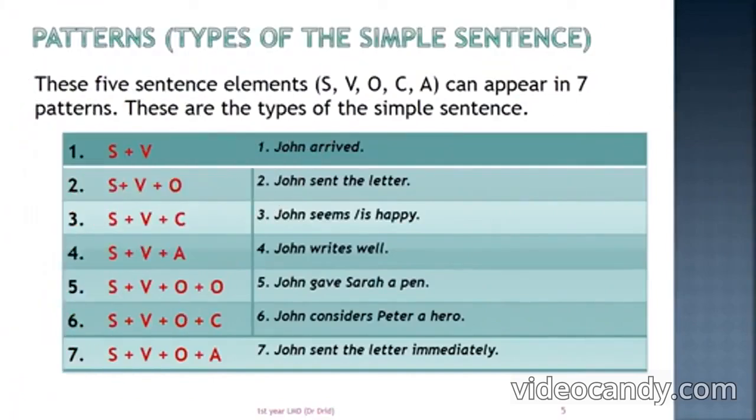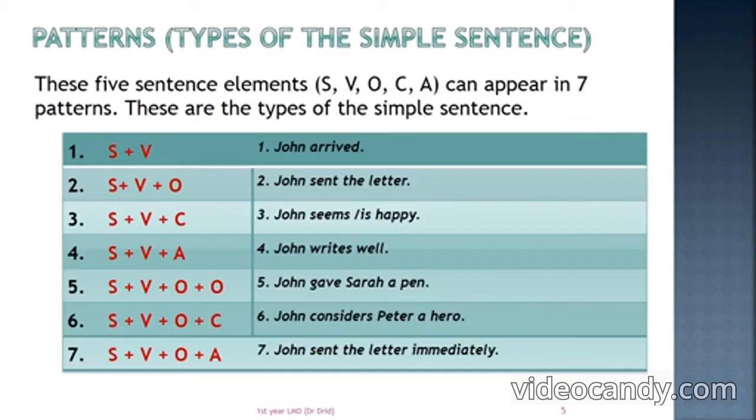Now we come to a very important part of the lesson, which is the types of the simple sentence, or the patterns of the simple sentence. According to the elements which exist in a simple sentence, we can categorize it, or we classify it.